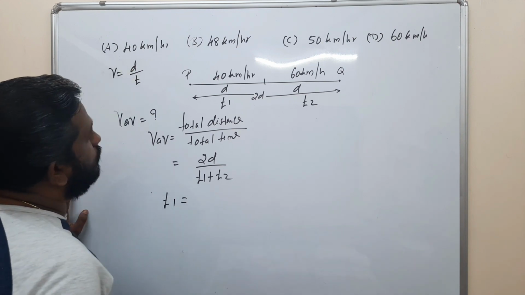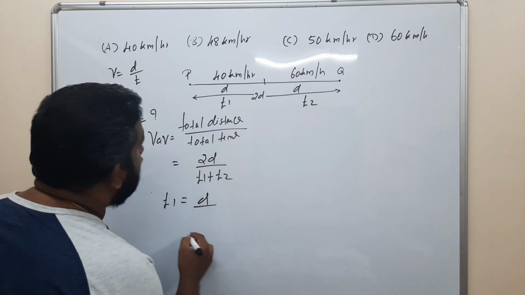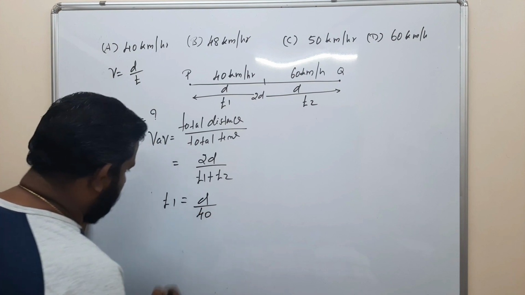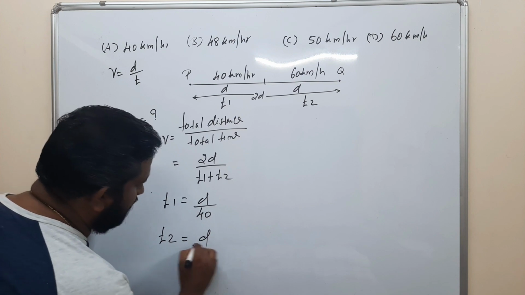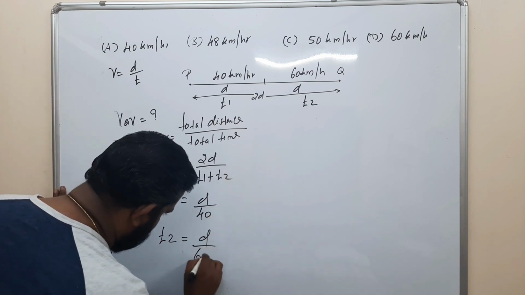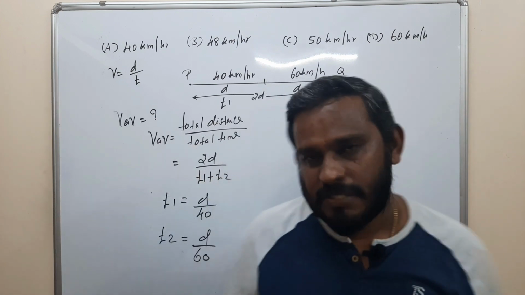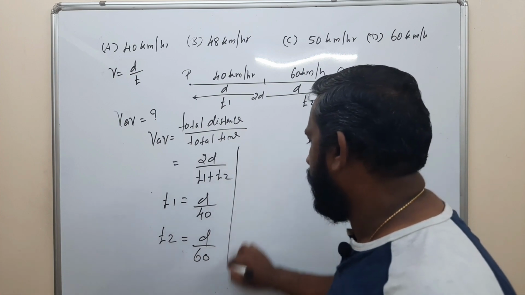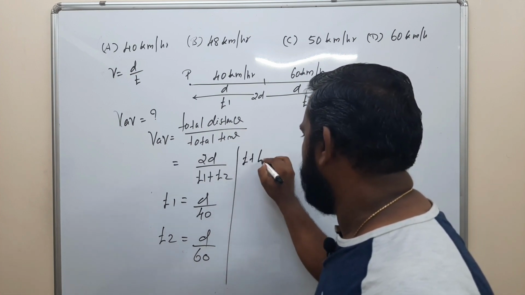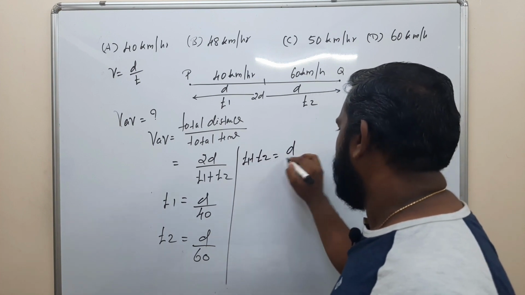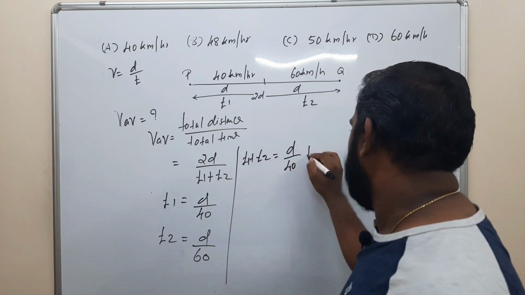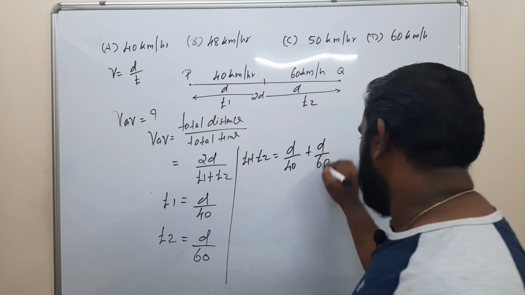So t1 is equal to d by 40, and similarly t2 is equal to d by 60. So t1 plus t2 is equal to d by 40 plus d by 60.